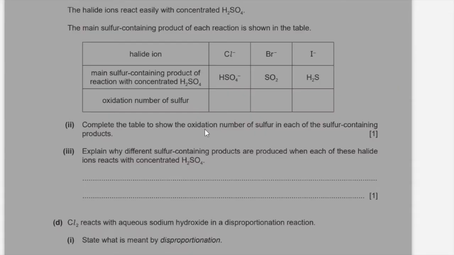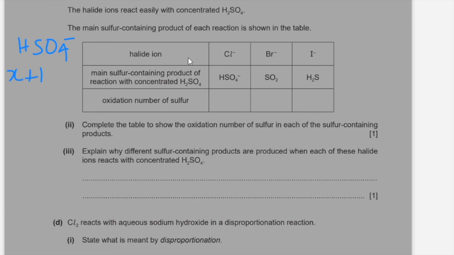Starting with the sulfur in the first product, you have the hydrogen sulfate ion. In the first step, you're going to write down the oxidation state of each of these elements. The oxidation state of sulfur is unknown, so I'd write x for sulfur.